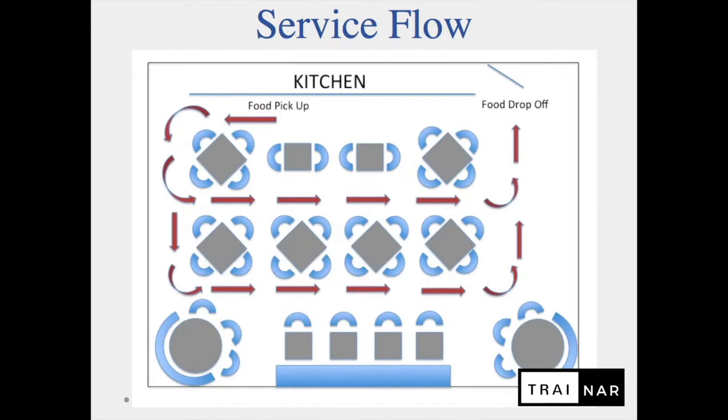If you have the tables, let's say, arranged randomly, a clear service flow will be difficult to design. So this is another thing that you have to think of when you're planning your commercial area.